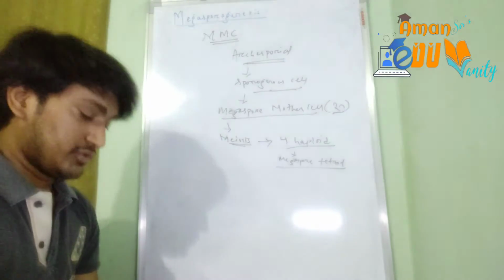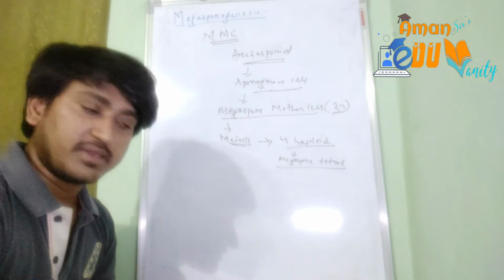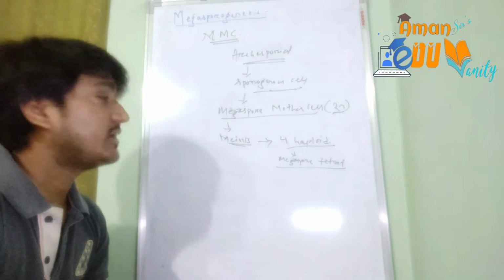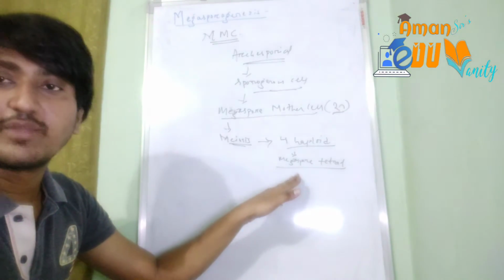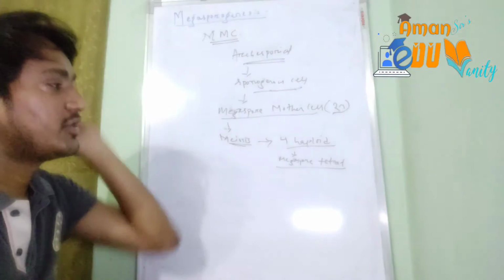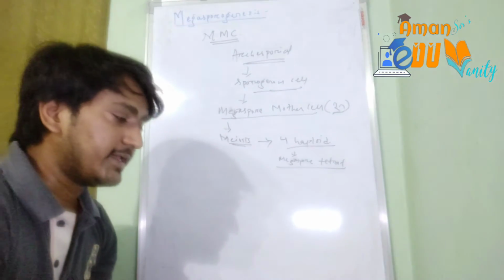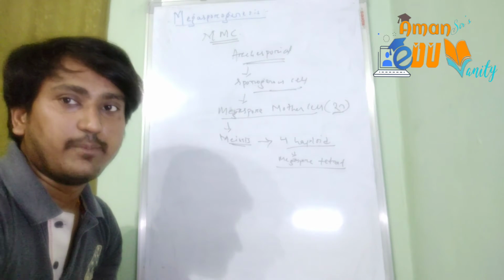So in this way megaspore mother cells are formed, then the megaspore tetrad is formed, and out of the 4 cells, 3 will degenerate and 1 will be ready to develop into the embryo sac.